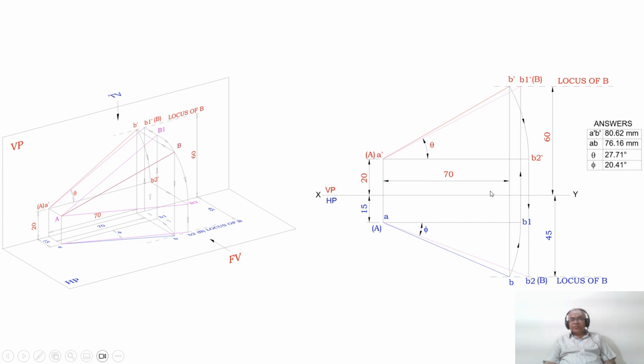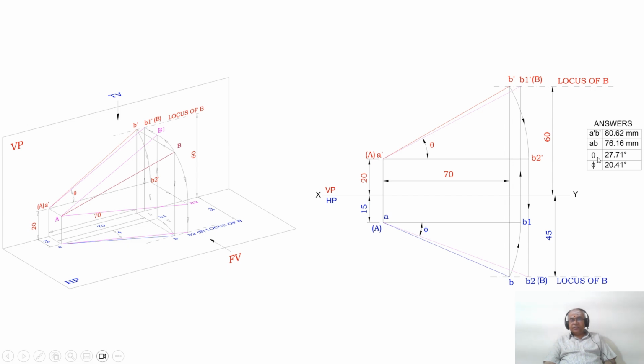Then by using the scale, you measure A dash B dash and also AB. You are going to get A dash B dash up to the second decimal point as 80.62 mm, or you can take it as 81 mm. Manually, AB is 76.16 mm, so you take 76.